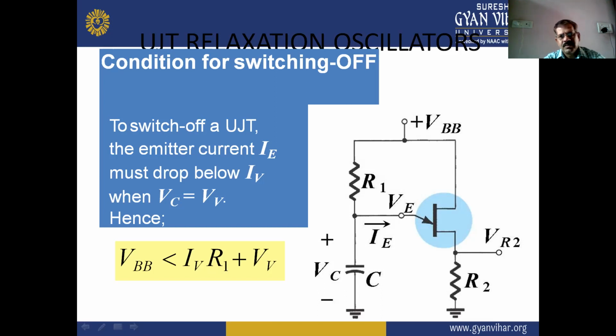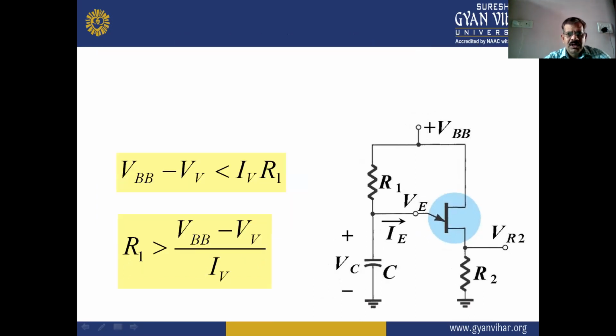Hence, from this circuit, the voltage across the base VBB is less than IV R1 plus VV, and also VBB minus VV is less than IV R1, and R1 is greater than (VBB minus VV) upon IV. So this is the R1 value for the off state.